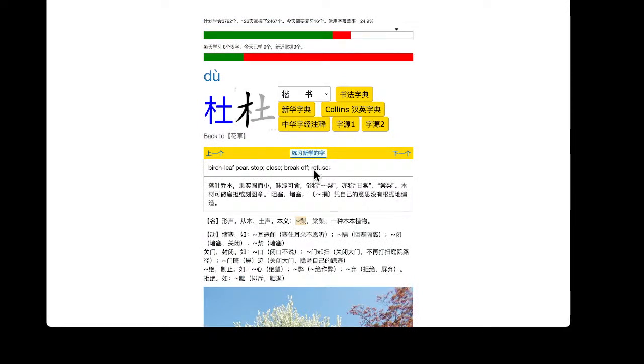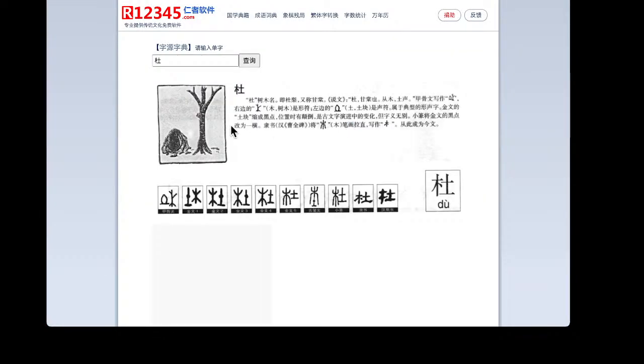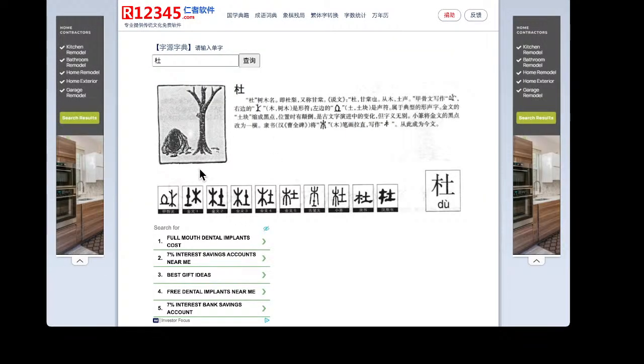Let's take a look at the character itself. So this one, you can see it's pretty simple. You got the tree radical plus a pile of dirt. And you see this is the oracle bone script.